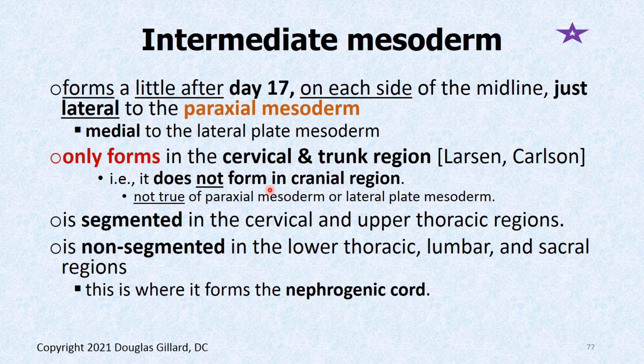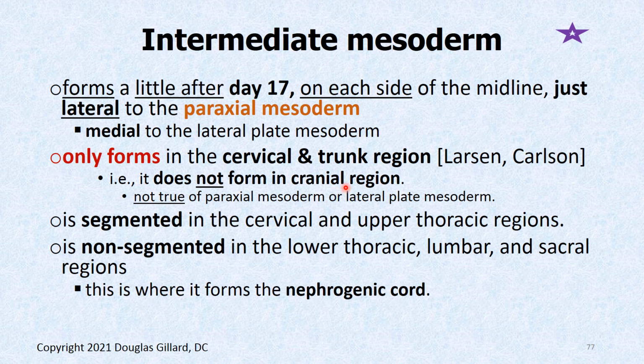It doesn't form in the cranial region at all, which was not true for paraxial mesoderm or lateral plate mesoderm. Both of them form everywhere. But for whatever reason, we don't need intermediate mesoderm in the cranial region. There are only two divisions up in the cranial region.